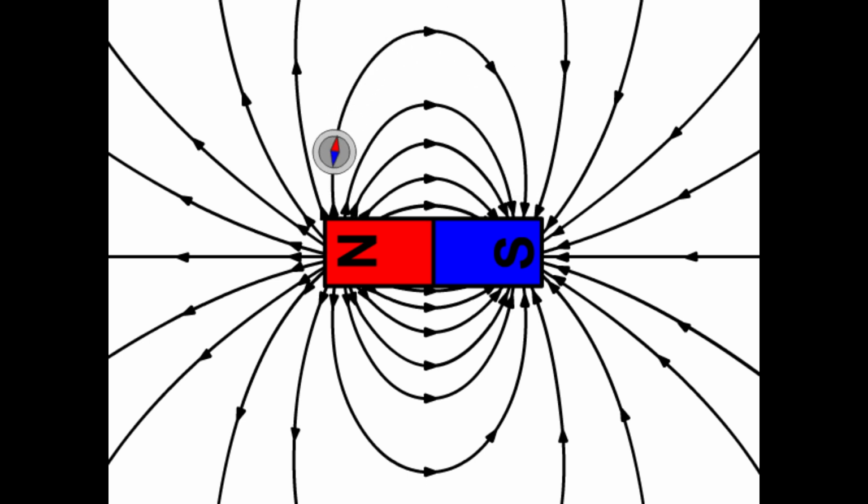The CGS system. In the CGS system, the centimeter-gram-second system of measurement, one magnetic line of force is known as a Maxwell. A Gauss represents the magnetic force of one Maxwell per square centimeter.